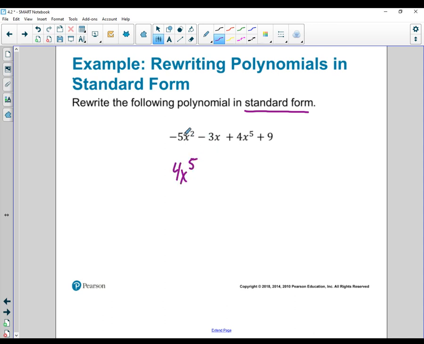And then the next biggest one is x squared, so minus 5x squared. And then the next one is minus 3x, and then plus 9. So see how we take the highest degree, and then we just go downward? Degree 5, 2, 1, 0. That's what I mean by descending order, and that would be standard form.